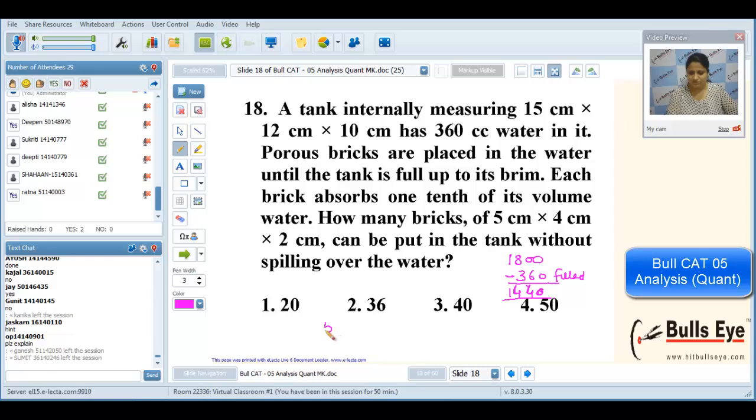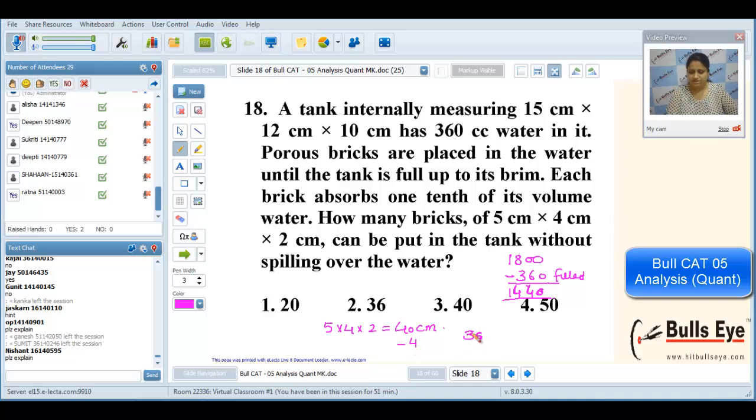Now we are pouring some bricks. What is the brick's volume? It will be 5 by 4 into 2. That is 40 cubic centimeter. Since it is a porous brick, it is absorbing 1/10 of its volume. What is 1/10 of 40? This is 4.